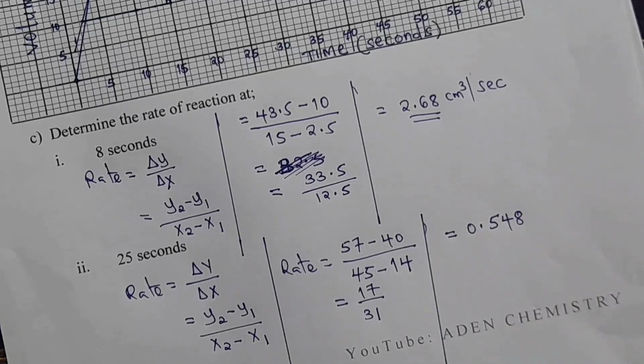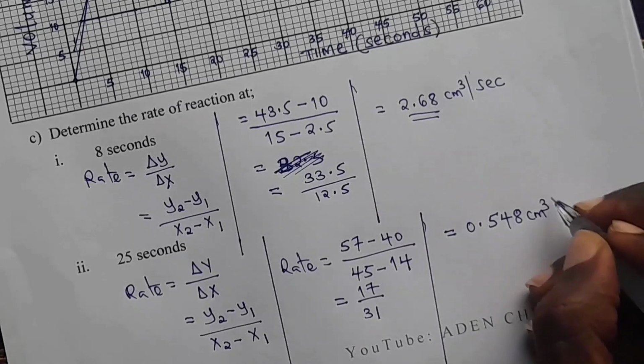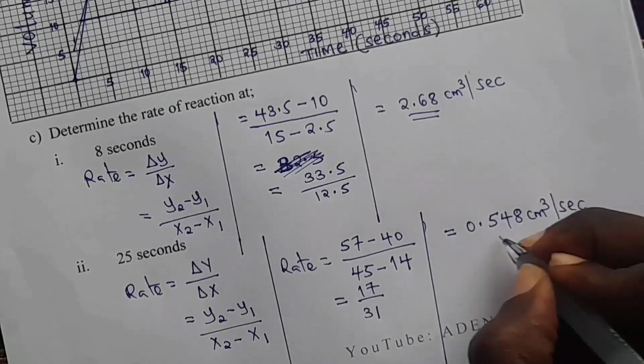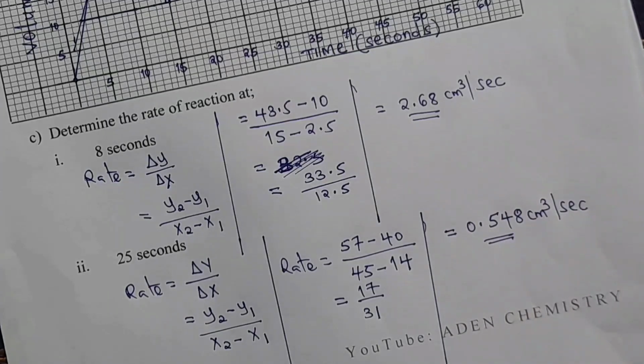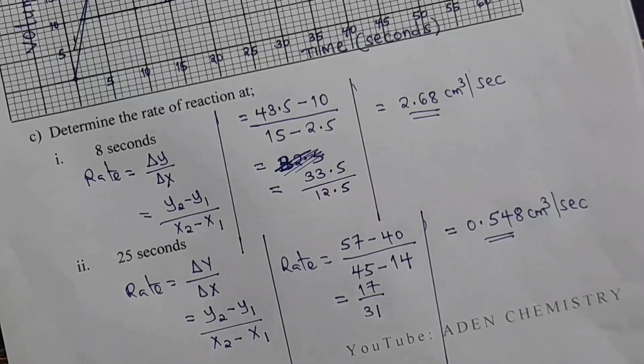So what will be the unit? The unit will be centimeter cube per second. Remember, the volume was in centimeter cube and the time was in seconds. So we're done determining the rate of the reaction at 8 seconds and at 25 seconds. That's how you are supposed to calculate.